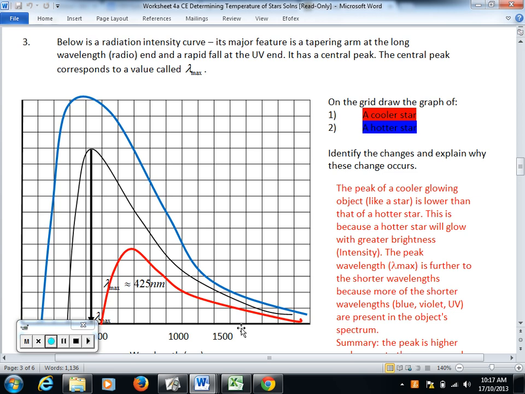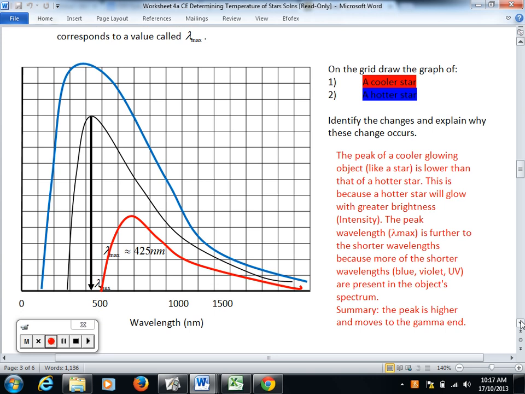It's also not just moved up, it's moved to the UV end. In other words, it's getting brighter and giving off more blue and UV light. Tonight you can have a read of that answer there. It says identify the two changes. The two changes are, it's not just that the curve gets bigger, the curve peak moves to the UV end as it gets hotter. We would do the exact opposite if we got colder.